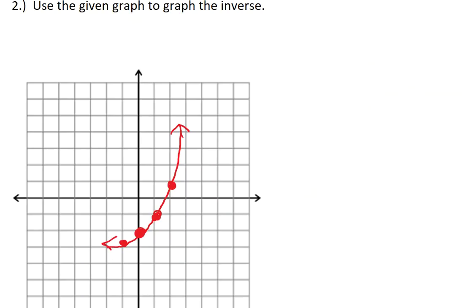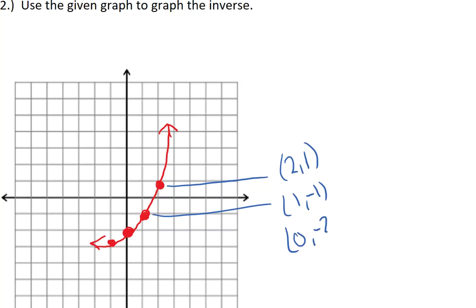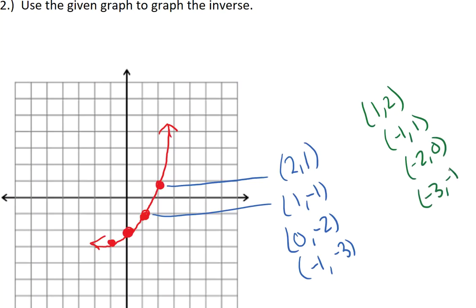And we're going to finish up this lesson by showing you how you would actually graph the inverse function. So if this was a function right here, I'd plot as many points as I can along the line, and I'd write them down. So this is 2, 1. This is 1, -1. The next one is 0, -2, and finally -1, -3. And all I would do is swap them. I'd get 1, 2, -1, 1, -2, 0, -3, -1.